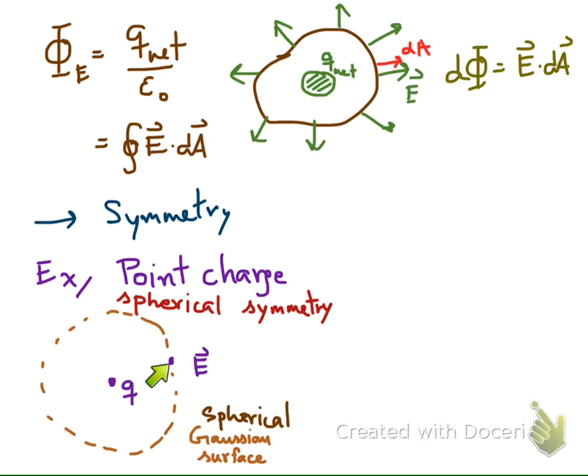Because if we are at this point and we look at the point charge, and if we move to this point and we look back at the point charge, we must see the same picture, that is just a point charge at the center of the spherical surface.